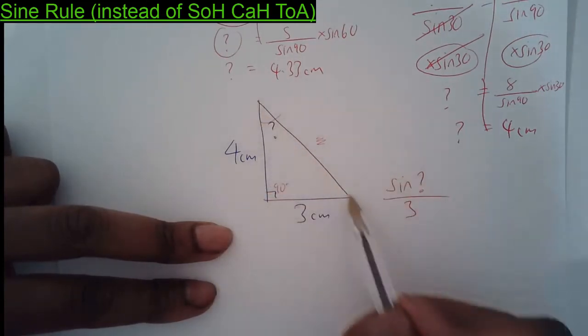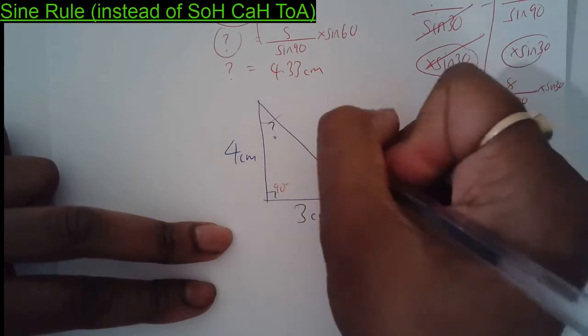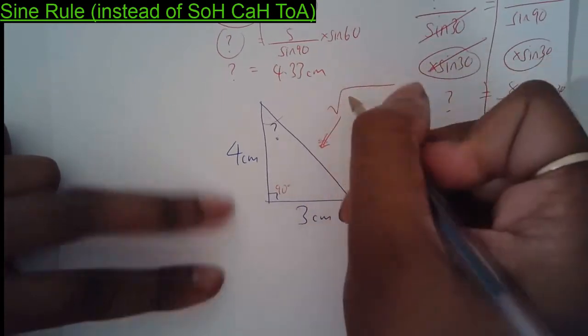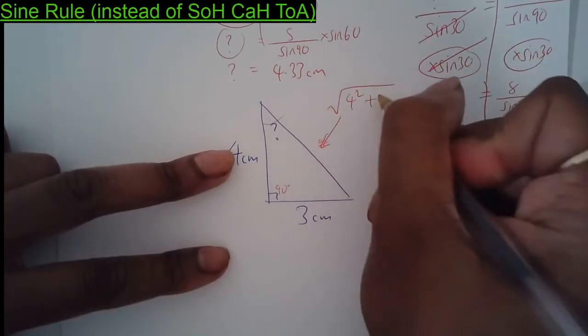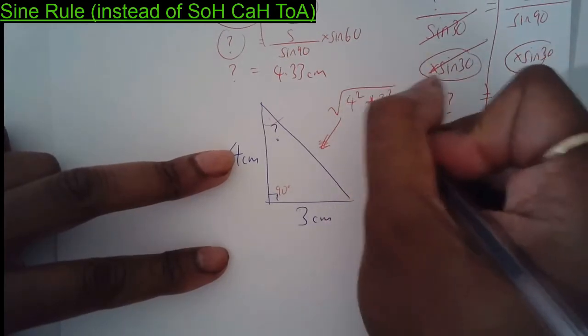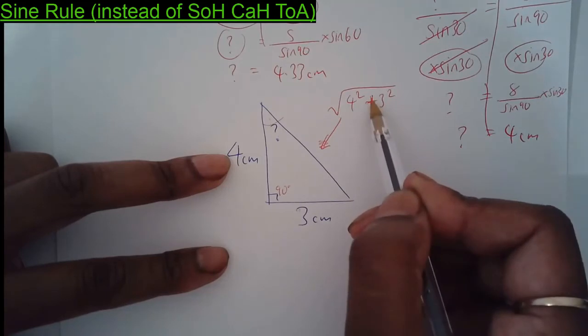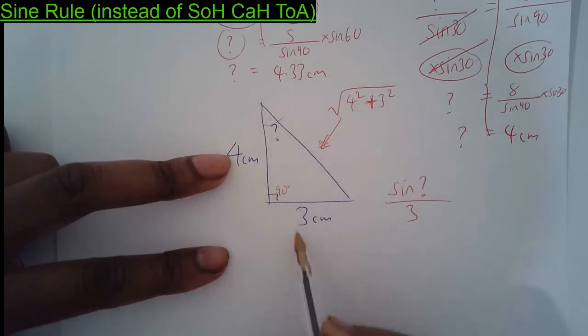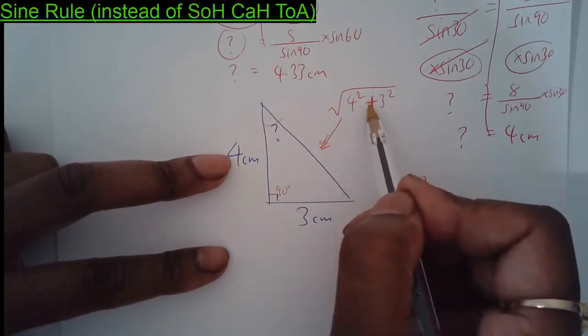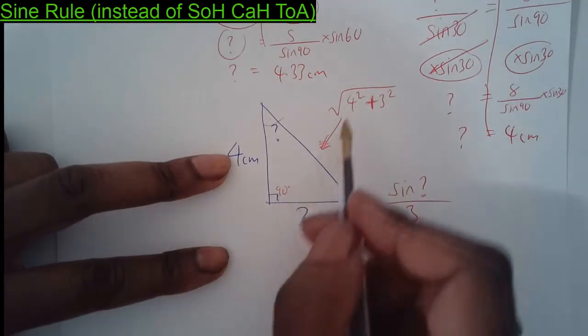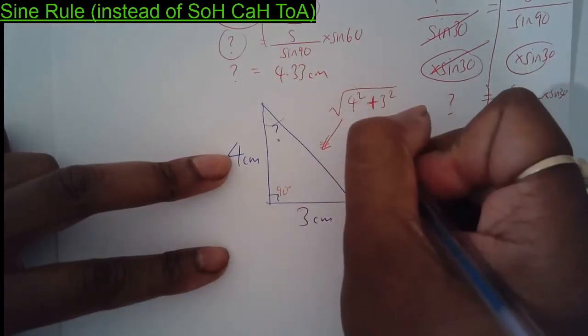Because this is the longest side, we do square root of 4 squared plus 3 squared. Whenever we're working out the longest side, it's always a plus. But if we were working out one of the shorter sides, it would be a minus. Do that on the calculator, you should get 5.